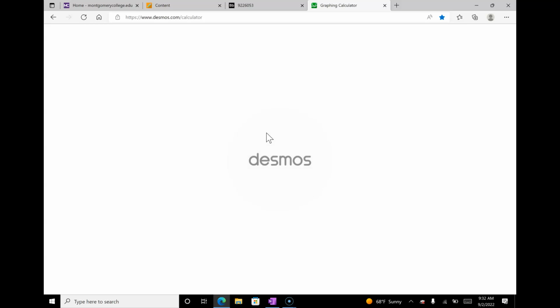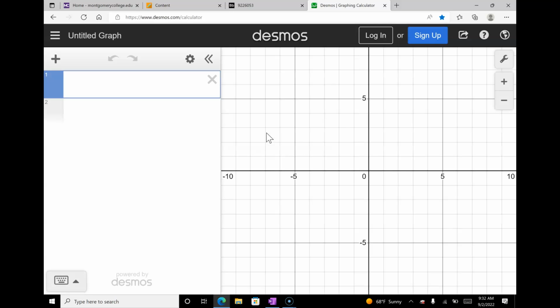I usually teach with the TI-83 or 84, but it's such a dinosaur. It's like a flip phone, basically. So if I can use Desmos, since we're in the computer room, I'm going to use Desmos. So I'm going to go right away to this original function. I can call it f of x. I can call it y. Remind me, x squared minus 4.